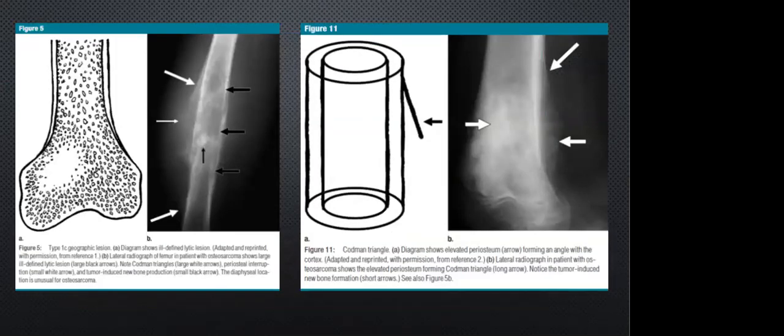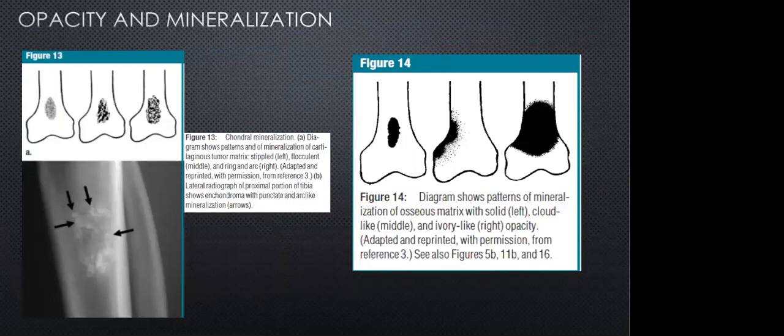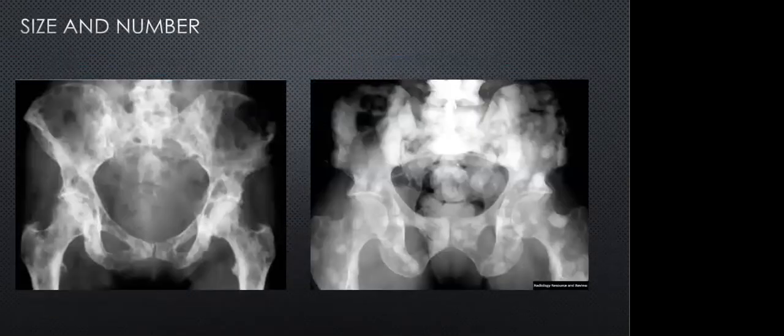Aqui o triângulo de Codman, que é essa reação periosteal que forma essa angulação, esse triângulo. Nos fala das origens da matriz, que pode ser de origem óssea, condral, fibrosa ou adiposa, e os diferentes tipos de mineralização que podem ocorrer nessa matriz. Sobre os números também é importante falar sobre a quantidade de lesões.